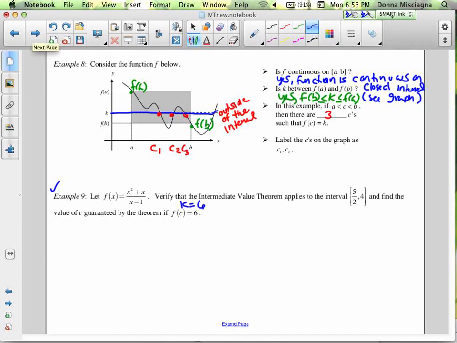All right, so first of all, we have to answer our first question, right? Is the function continuous? Well, where's our discontinuity? It's a rational function, so rational functions are discontinuous, or have discontinuities, however you prefer, when the denominator equals 0.